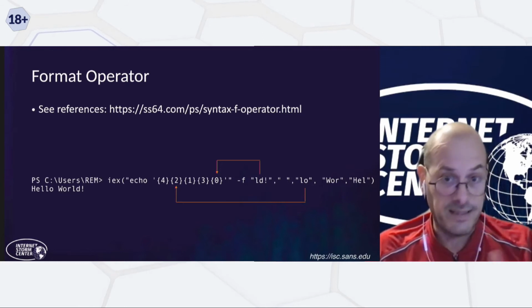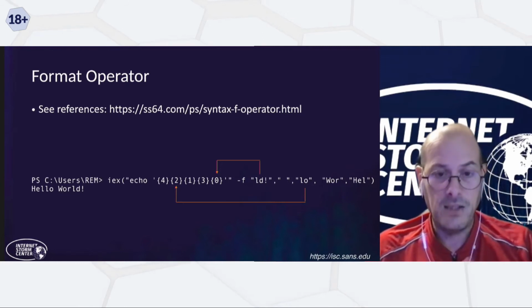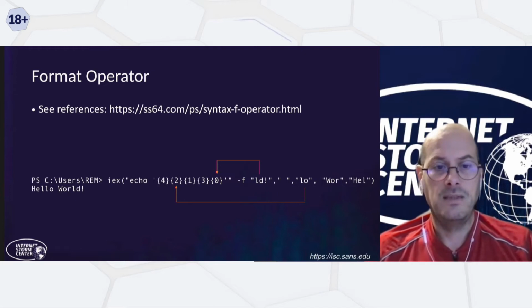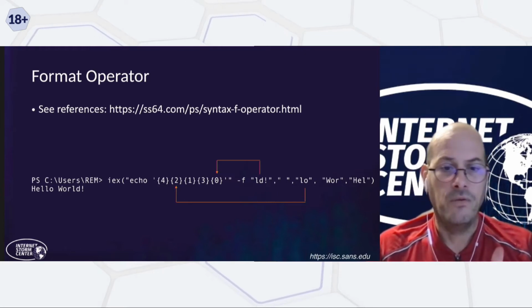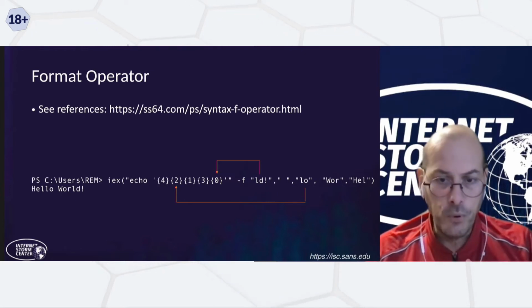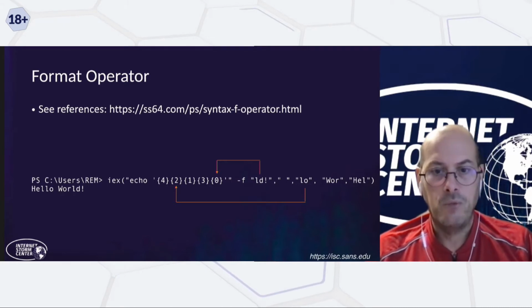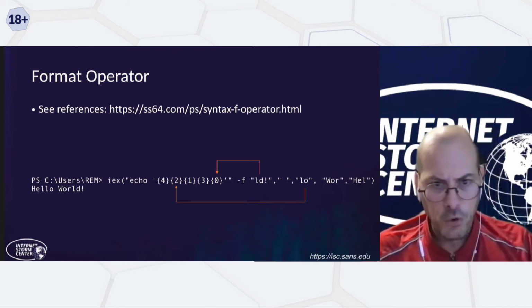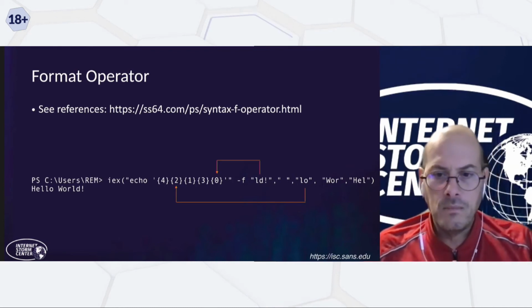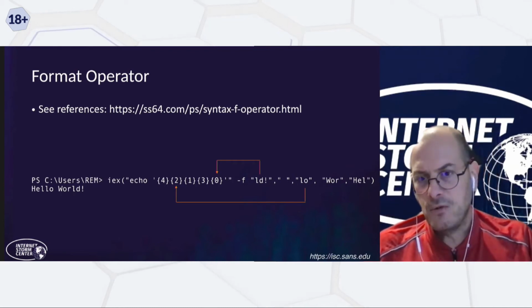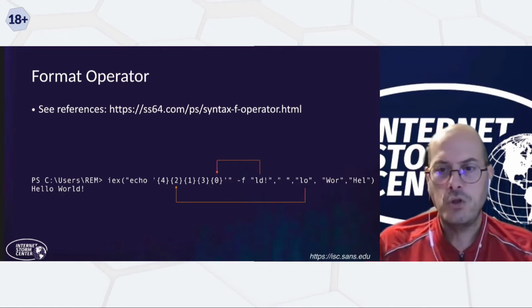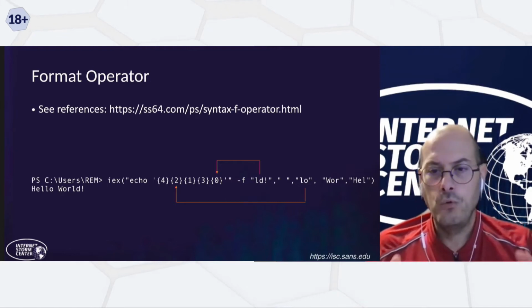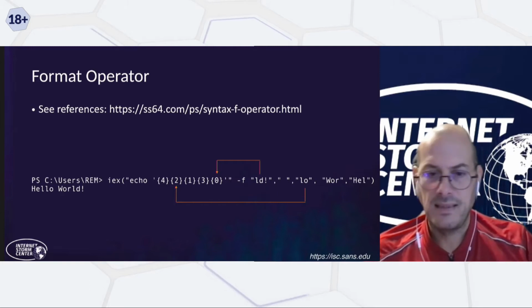PowerShell has the same feature, but instead it uses this notation that you find on the slides. You put numbers between brackets, sorry, not brackets, curly braces. And by specifying the -f, you will just provide all the substrings that you will replace in the original one.